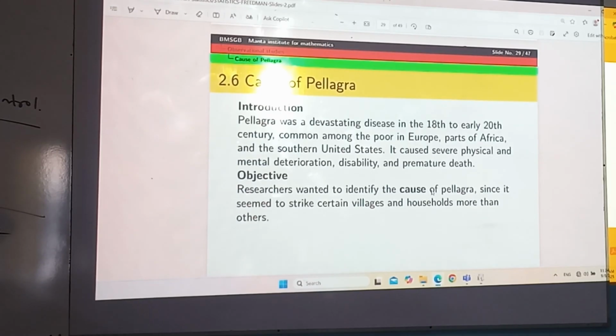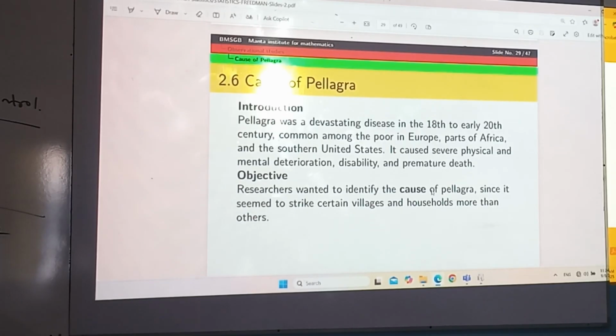Banneheka was a devastating disease in the 18th and early 20th century, common among poor people in Europe and part of Africa and the southern United States. It caused severe physical and mental distortion, disability and premature death.